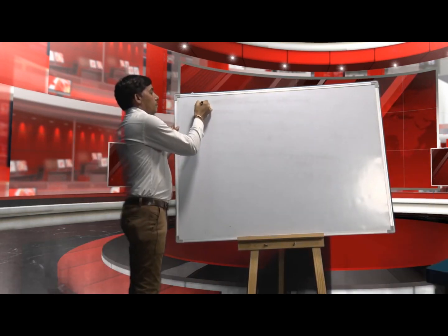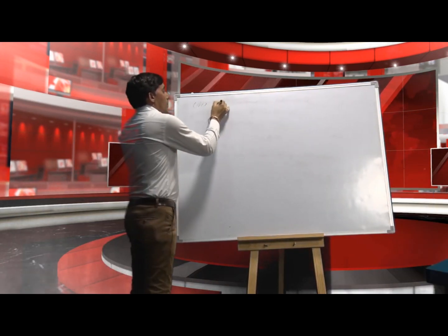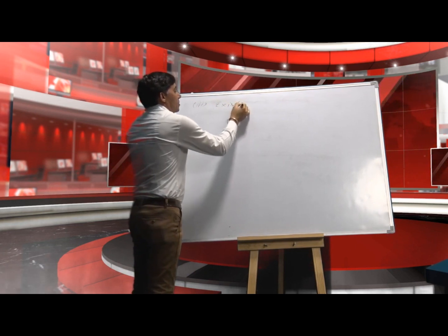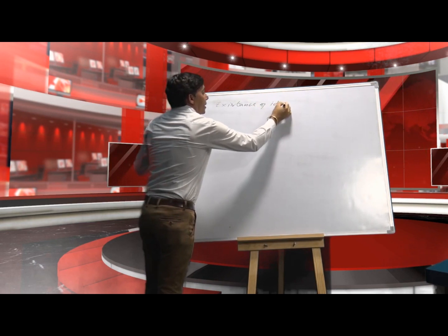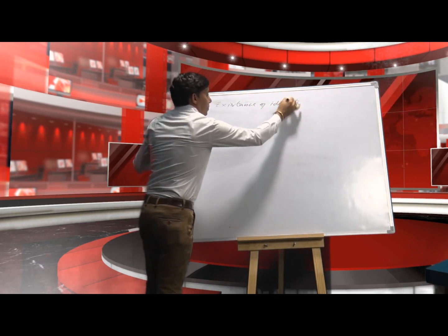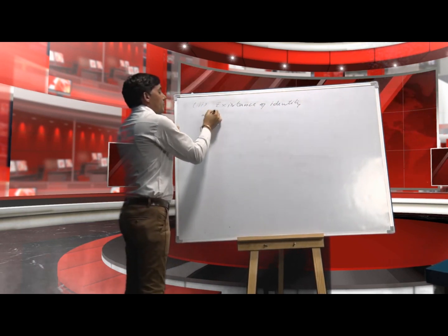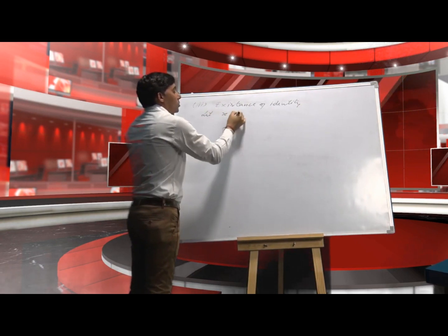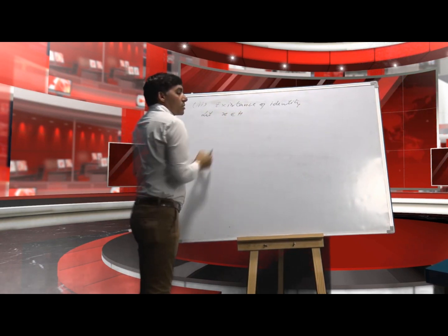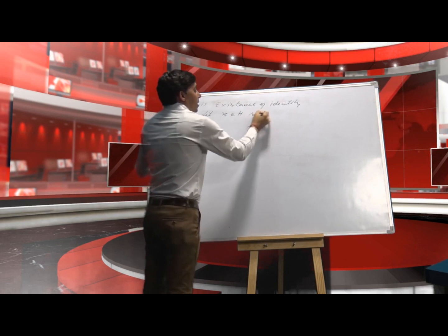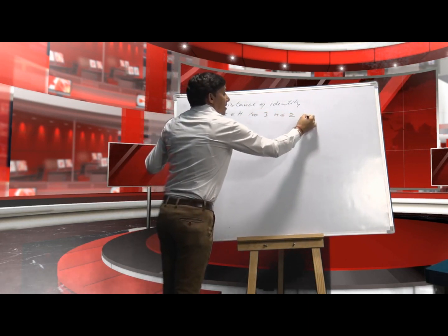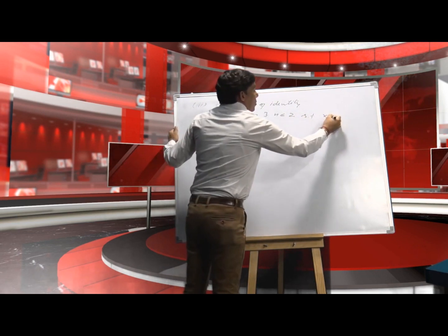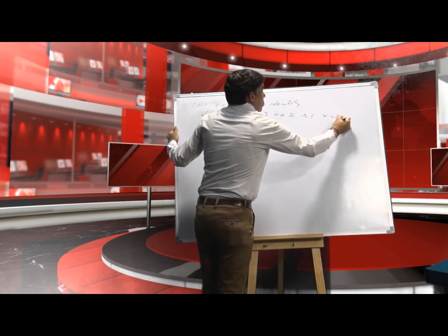Third, existence of identity. Let x belong to H. So there exists n belonging to Z such that x is equal to 3 into n.